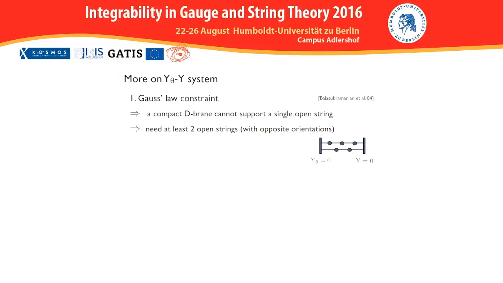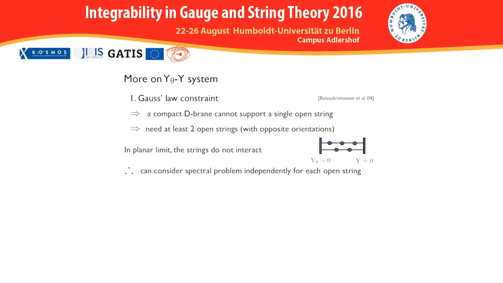So we need at least two open strings with opposite orientations, like this picture here. But in the planar limit, the strings do not interact, so focusing on just one string was justified. We can consider the spectral problem independently for each open string.